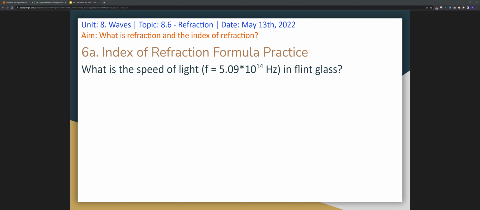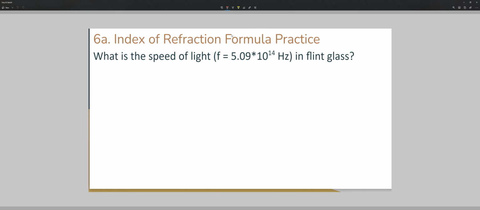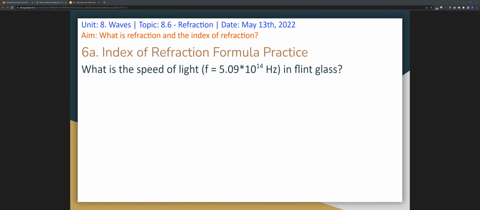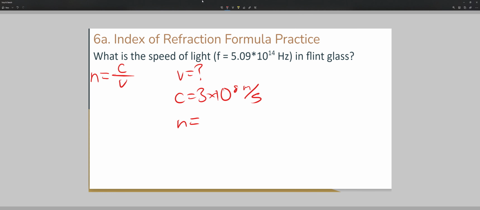So this is formula practice. The formula that was shown is on your reference table. Your index of refraction is equal to the speed of light over the velocity of the light in that medium. So what is the speed of light in flint glass? You're looking for v, the velocity in a certain medium. You know the speed of light from your reference table, and you know that flint glass has an index of refraction of 1.66.